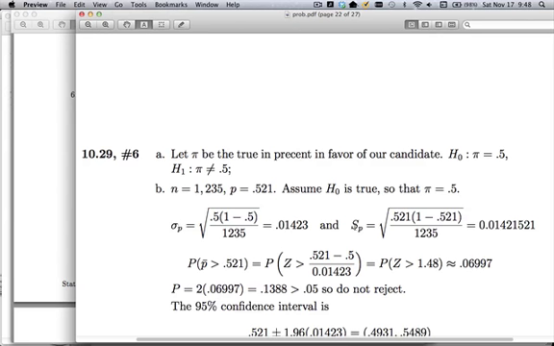of the sampling distribution, and we have to estimate it with S sub p. So how would we find S sub p? Well, S sub p is the square root of 0.521 using our p times 1 minus p over n. And what you'll see is it's equal to sigma sub p in this case to, it looks like, 3 decimal places, 0.0142, and then the standard deviation has a next digit of 3.